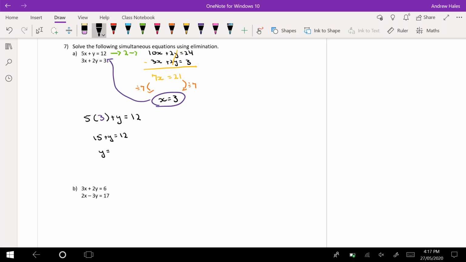So y equals negative 3, because I take 15 from both sides there. And now I've just figured out the two solutions to my problems. I've got that x is equal to 3 and y equals negative 3.